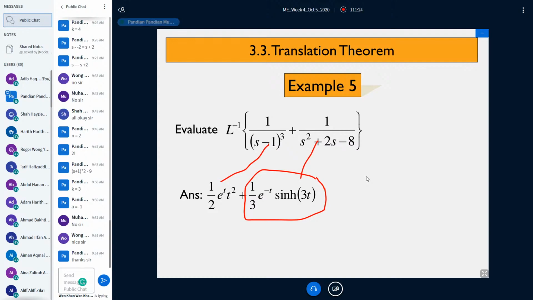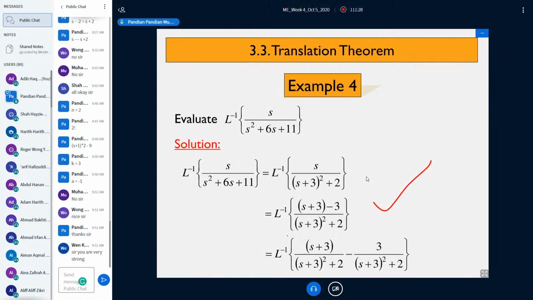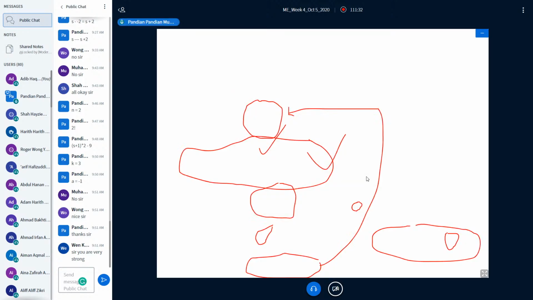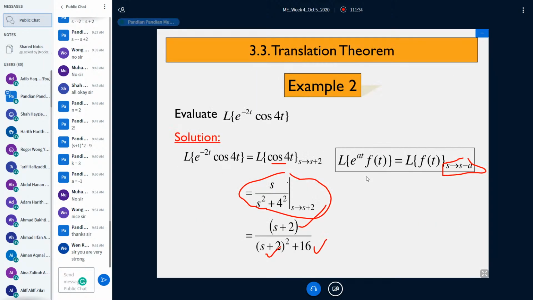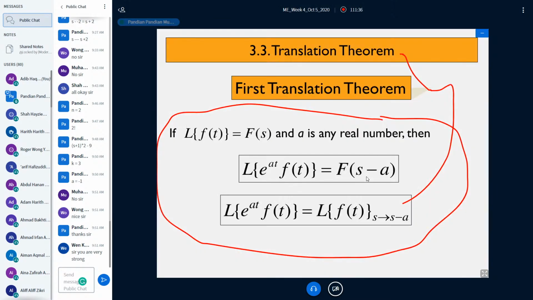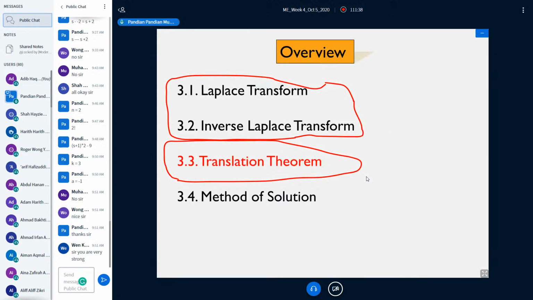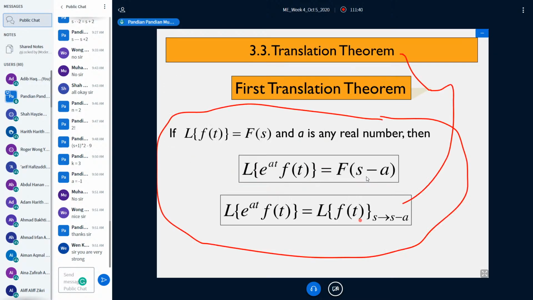So, the summary of this is the translation theorem. This is the trick, class.